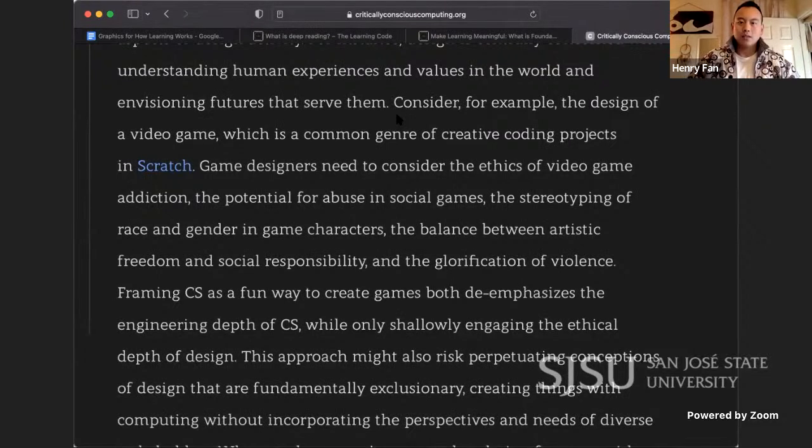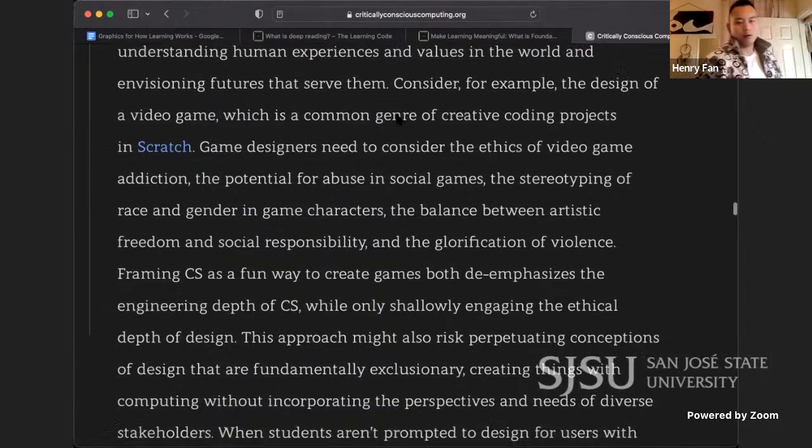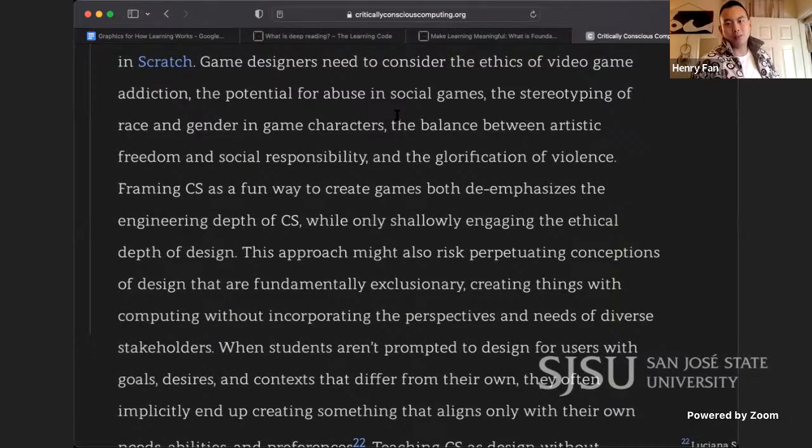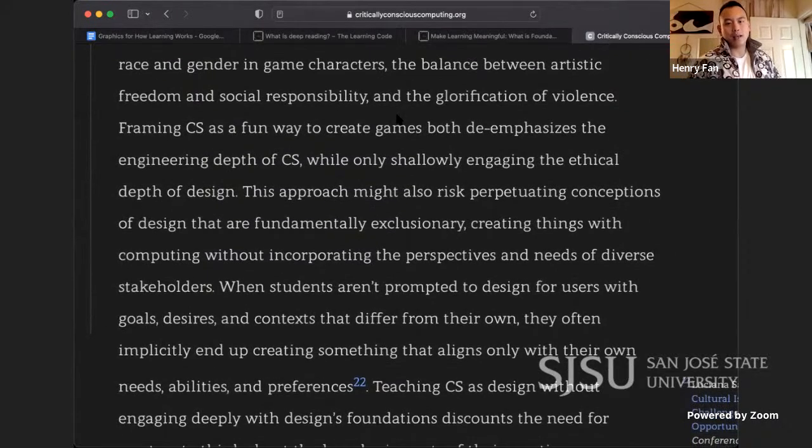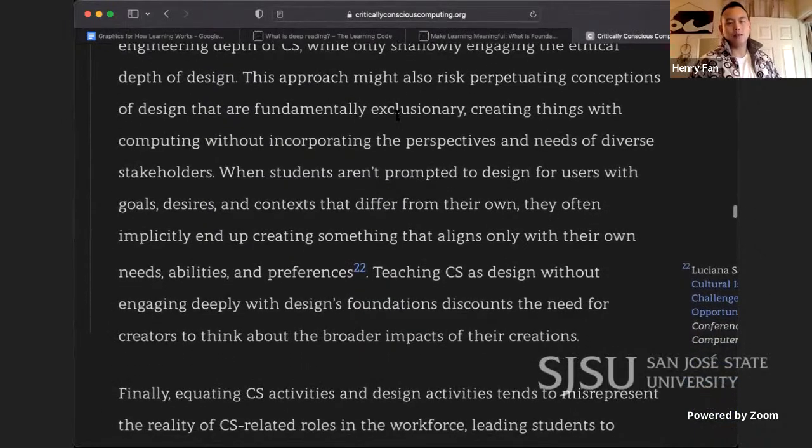Game designers need to consider the ethics of video game addiction, the potential for abuse in social games, the stereotyping of race and gender in game characters, the balance between artistic freedom and social responsibility, and the glorification of violence. Framing CS as a fun way to create games both de-emphasizes the engineering depth of CS, while only shallowly engaging the ethical depth of design.